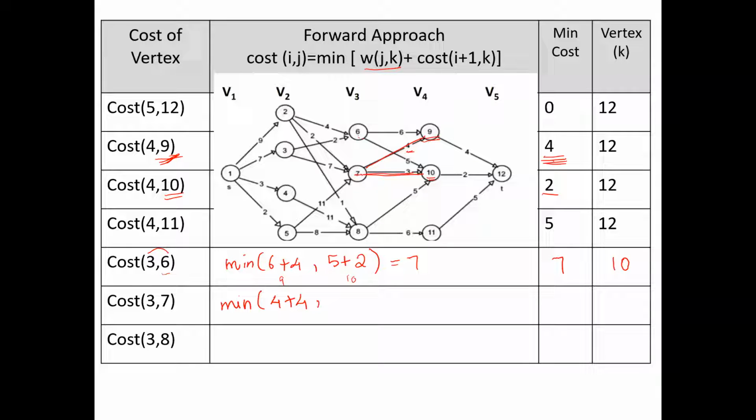Now which is the next edge which is connected to the vertex 7? You can see in your book also, this is the edge from 7 to 10. What is the edge cost? It is 3 plus what is the node cost of 10? Node cost of 10 from the table you can see it is 2. So it is 8 and 5, which is minimum 5.